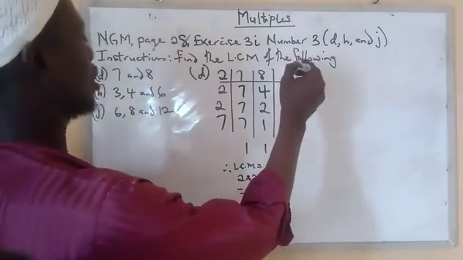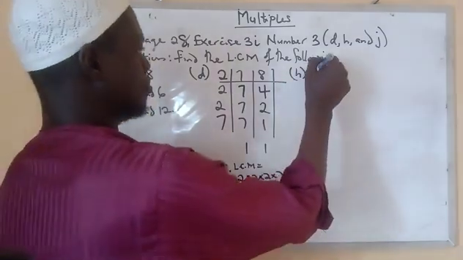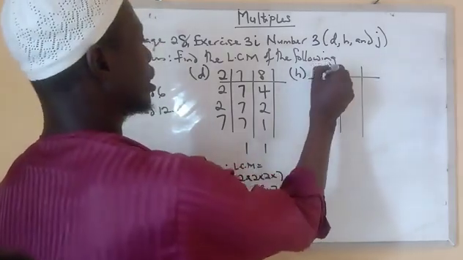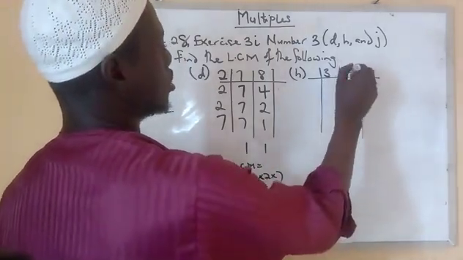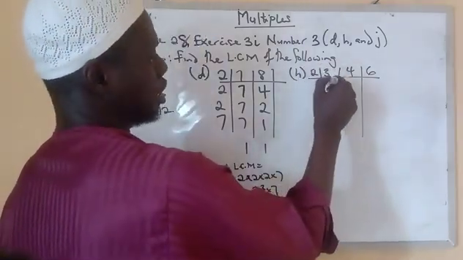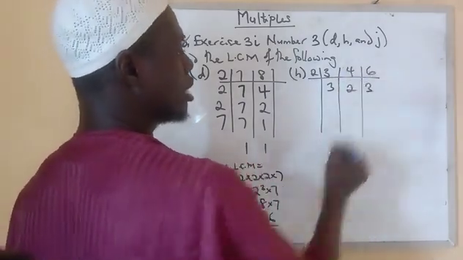So let's move to the second one, the H, the LCM of 3, 4, 6. So what can we use? We can use 2, yes. 2 in 3, no, it can't go. 2 in 4, 2. 2 in 6, 3. Can we still use 2?